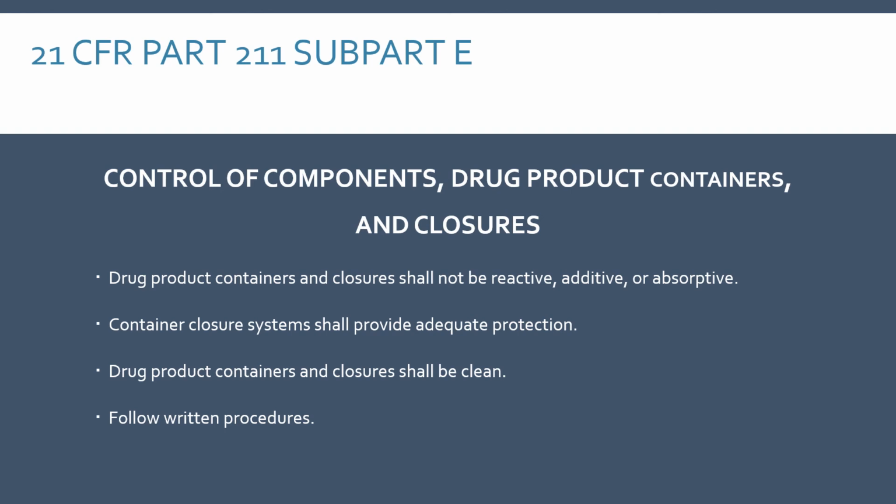Container closure systems shall provide adequate protection, making sure that the product doesn't get out, making sure it stays sealed. Drug product containers and closures shall be clean. Again, cleanliness in pharmaceutical manufacturing is a huge deal. Making sure that everything is clean all the time, and then naturally follow written procedures. We talked about SOPs a little bit earlier. It is crucial that the procedures are followed to a T.